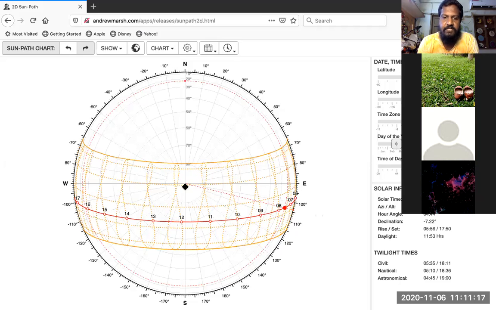And the altitude angle is what we take from the extreme end. The center is 90. The concentric circles determine the altitude angle, the height at which the sun is. This red dot falls between the two concentric circles of 20 and 30 degrees, which you can see here. So the altitude angle is 22.91.